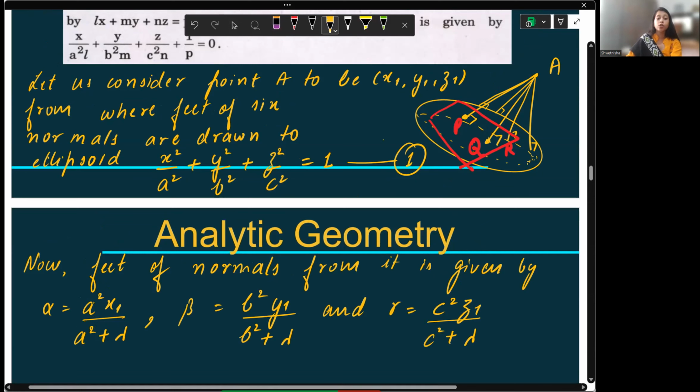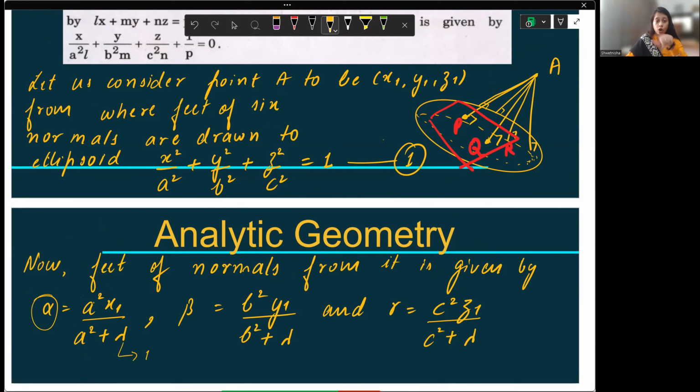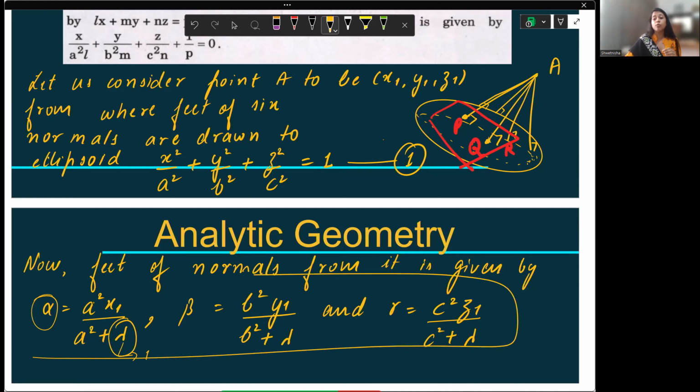But what about this lambda? How many possibilities of lambda are present here? That gives the value of alpha. If there is only one possible value of lambda, I get only one of these feet. But if it has 6 possible values, then these formulas give you the coordinates of all 6 feet of normals.